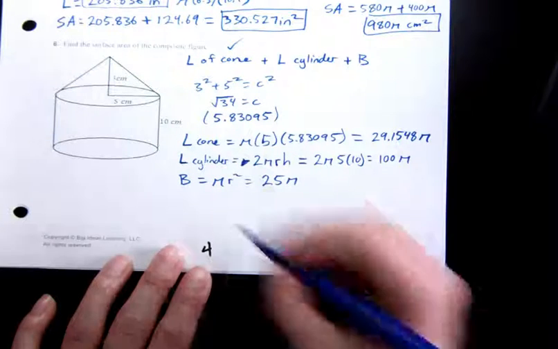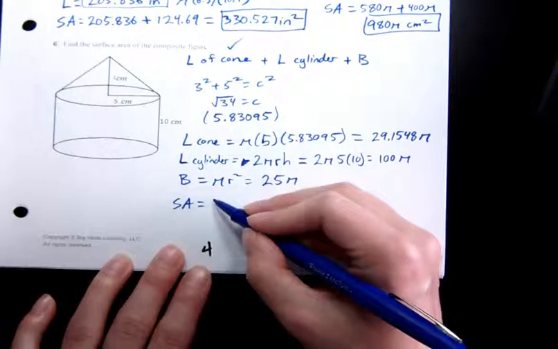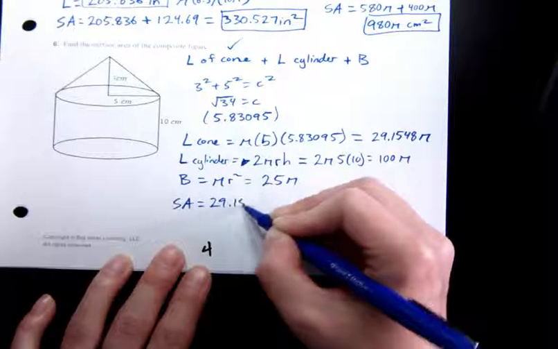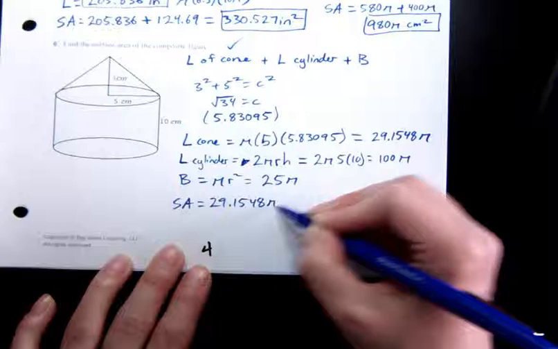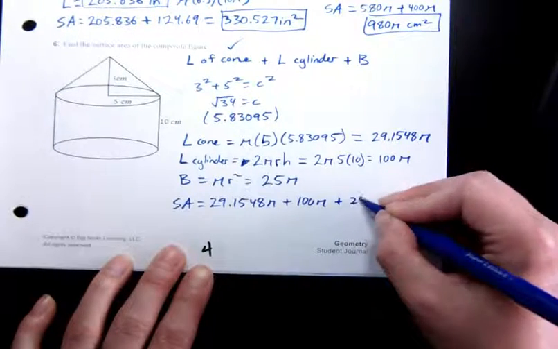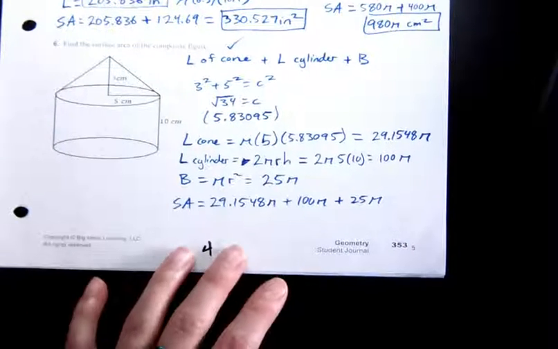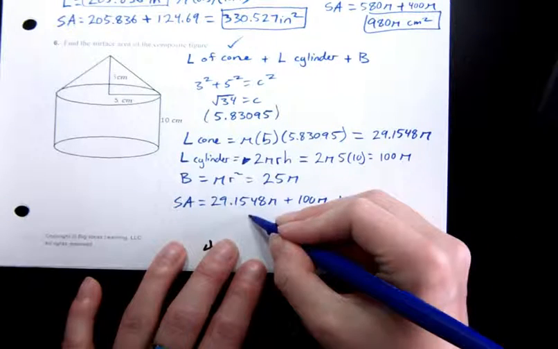Okay. And so then, for the total surface area, we just add them all together. 29.1548 plus 100 pi plus 25 pi, which is 125 pi. So many numbers. Aren't you glad we give you calculators? That's 125.